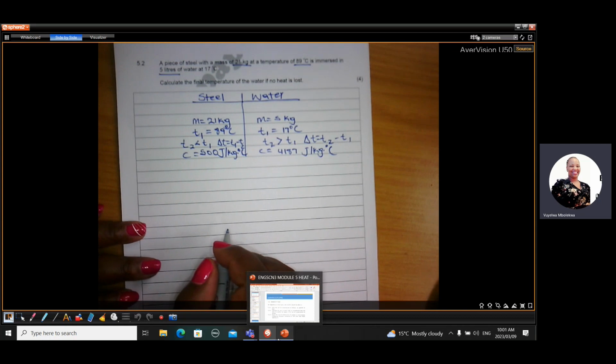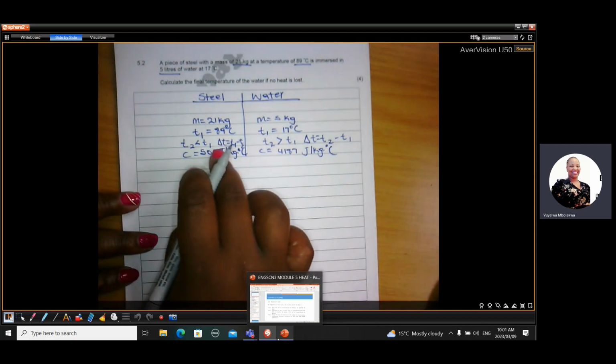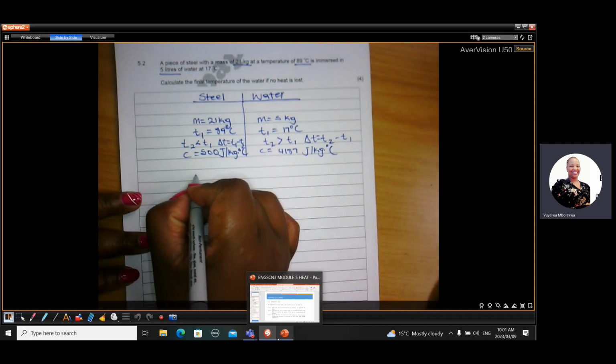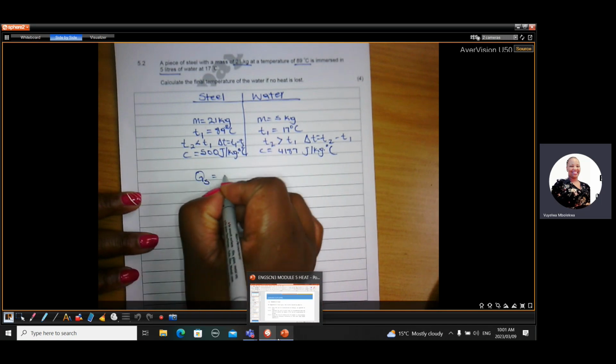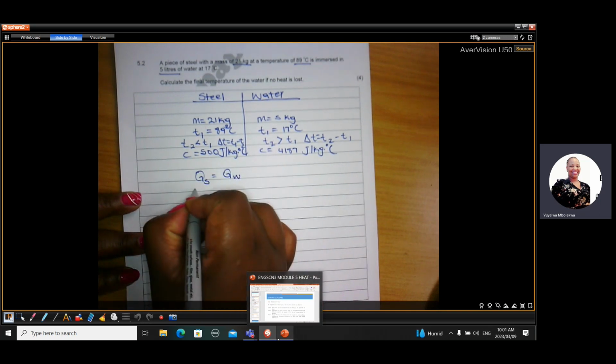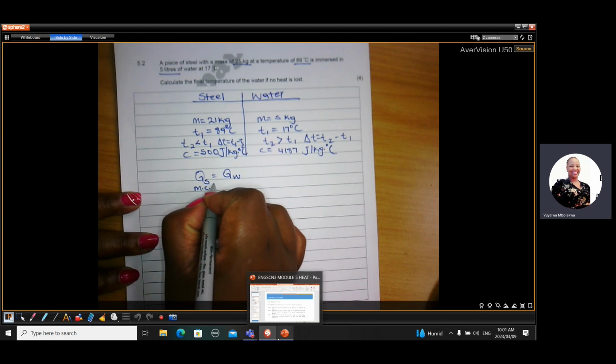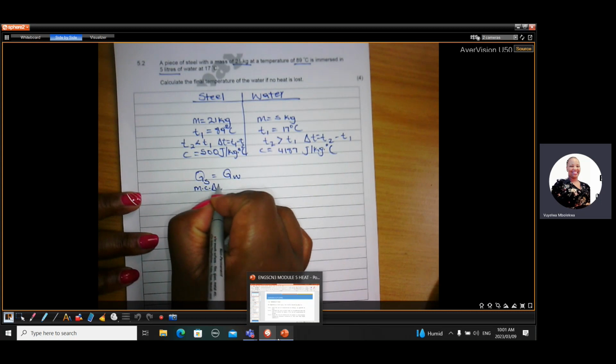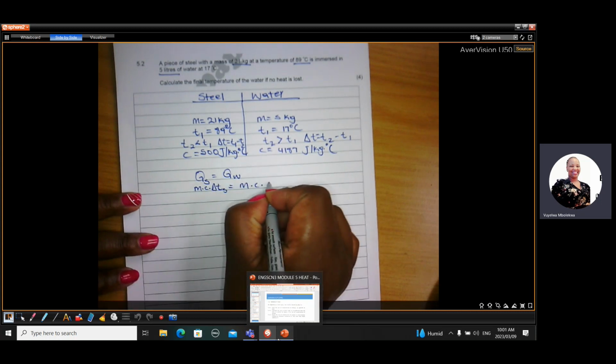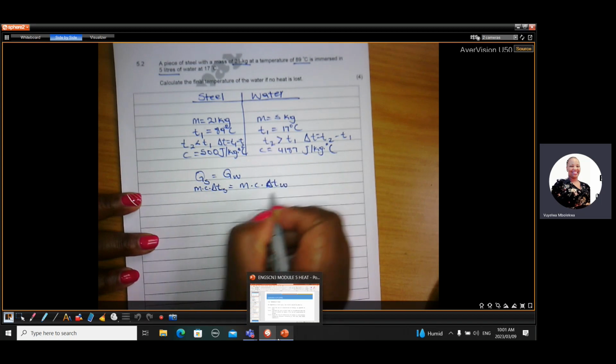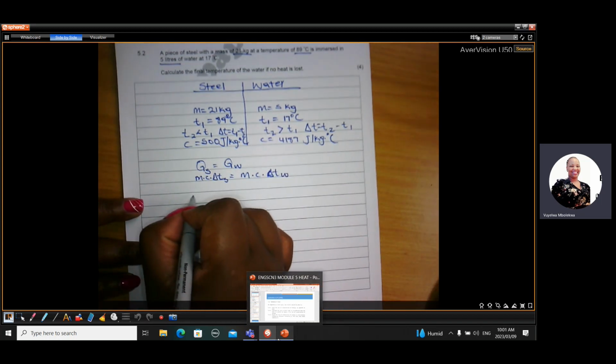Okay, so let's calculate. These two are sharing heat energy, so that means the Q of the steel will be the same as the Q of the water. The MC delta T of the steel will be the same as the MC delta T of the water. Okay, then we can substitute.